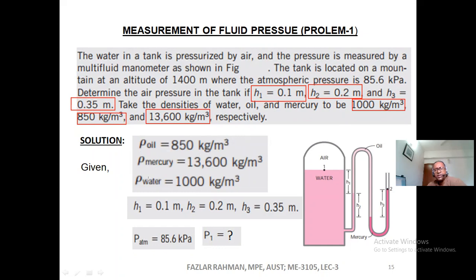Then density of water, rho w, equal to this much. Then manometric heights, H1 equal to this much, H2 this much, H3 this much. Atmospheric pressure already given over here, 85.6 kilopascal. Then you say P1 equal to what. That means the value of P1 you need to figure out.